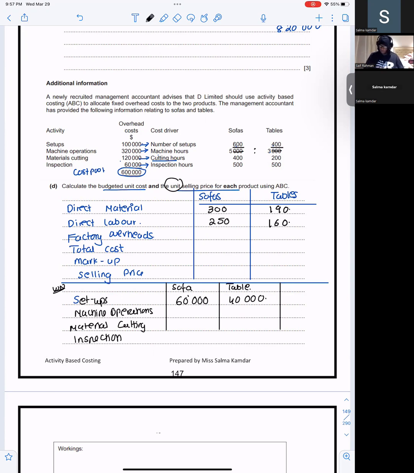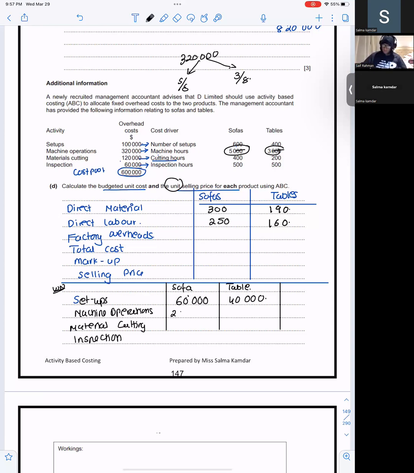So 5:3. 5/8 will go to sofas and 3/8 will go to tables. 5/8 of 320,000 will go to sofas, and 3/8 of 320,000 will go to tables.